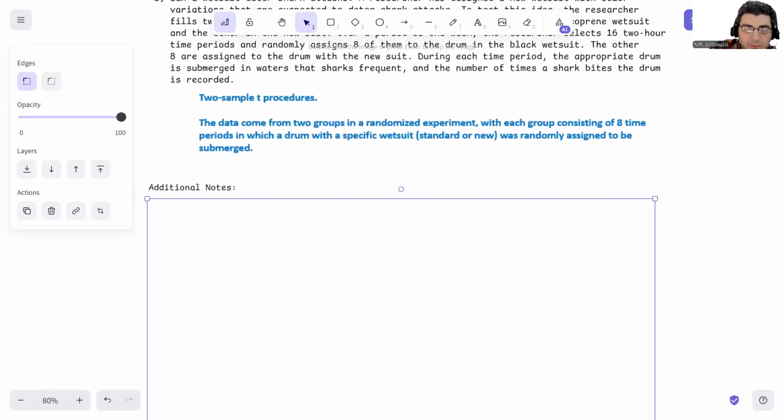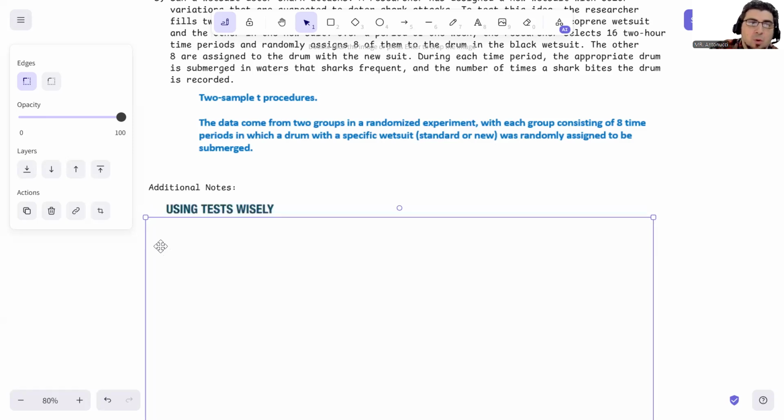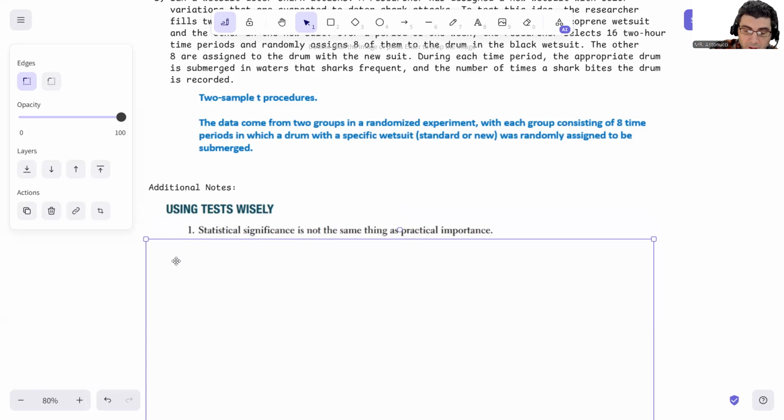All right, as we wrap this up, I want to just talk about a couple additional important notes about using tests widely, because significance tests are used widely in reporting results of research in many different fields. So one of the things that we have to be careful of is statistical significance is not the same thing as practical importance.